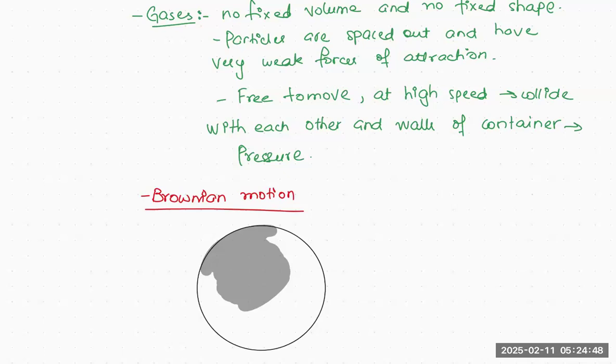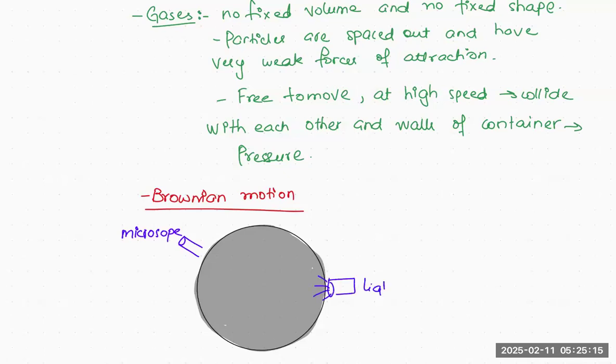And in this, he placed a microscope, and he also placed a light source. So from over here, shone the light. Why did he place the light source? Because the light source illuminated the particles of the smoke, the particles of the dust. And with the microscope, he observed the particles.